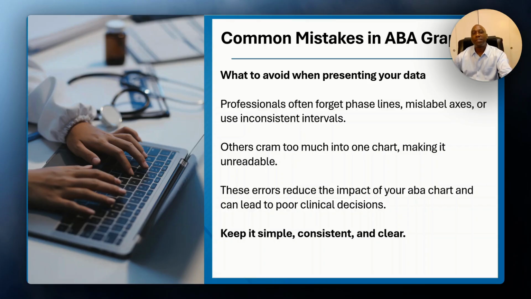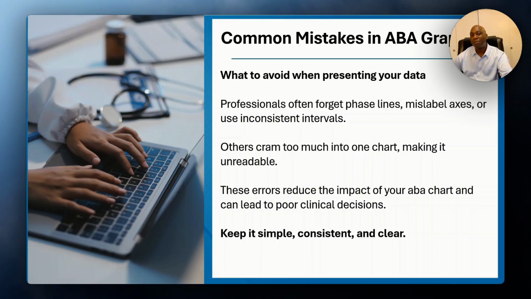Next, let us talk about what not to do. Basically, common mistakes in ABA graphing that we have seen. We have seen charts where the y-axis goes from 0 to 10 on one side and 0 to 50 on the next. Based on feedback that customers, patients, parents, and supervisors have mentioned, they find that very confusing.